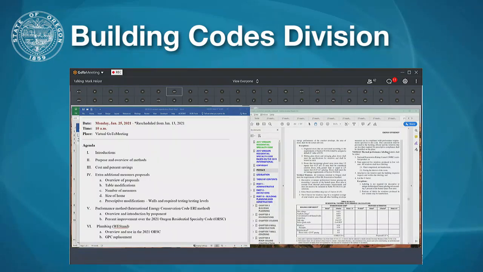Yes, this will be taken to both the SEEB and the RMSB for review, and then it will be published in a final form at a future date. We're hoping to get this out for use as soon as possible.